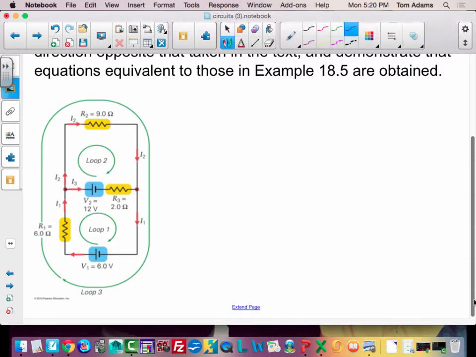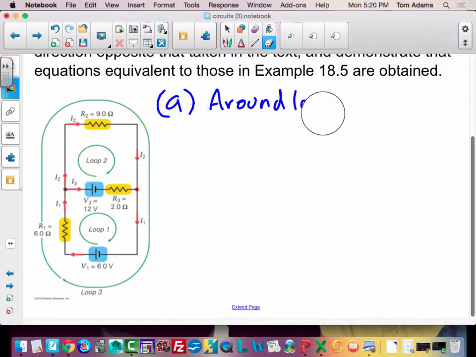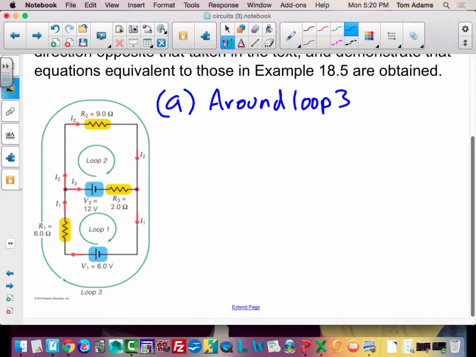So for part A, let's start with that. For part A, what we're going to do is travel the loop in the opposite direction. So we're going to go around loop 3. Okay.